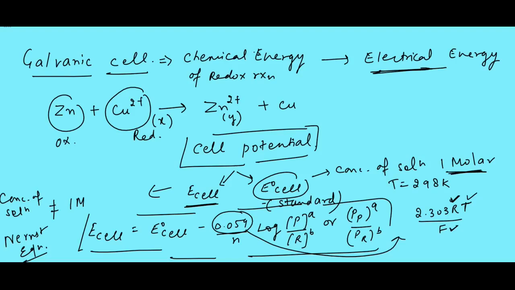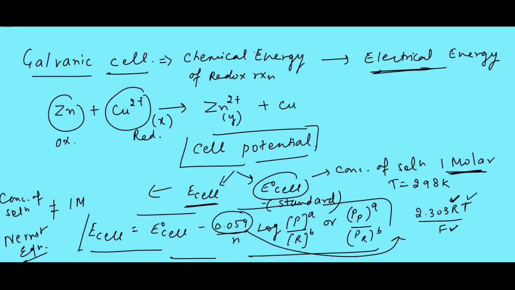So when you substitute all these values of R, T and F and multiply with 2.303, finally you will be getting 0.059.